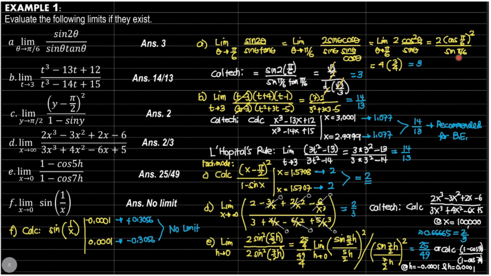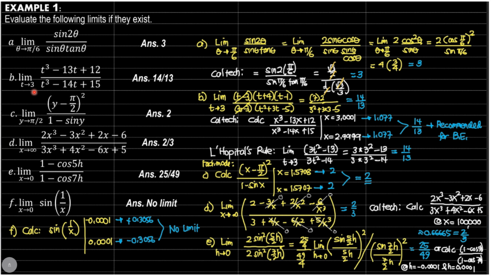And sine of pi over 6 is 1/2. So that's why 2 divided by 1/2 is 4, and cosine pi over 6 quantity square is 3/4. So it's 3.